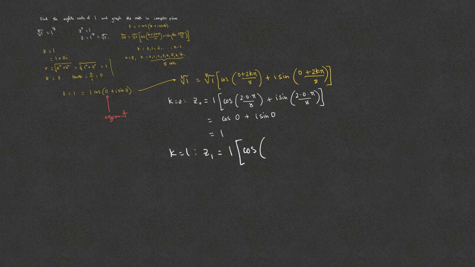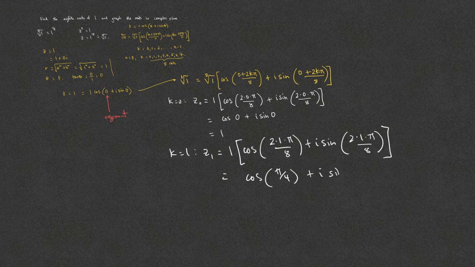Cosine of, we don't need to write 0 plus, but this time k is 1, so we have 2 times 1 times pi over 8, plus i sine of 2 times 1 times pi over 8, which is cosine of pi over 4 plus i sine of pi over 4. And this is root 2 over 2 plus root 2 over 2 i.